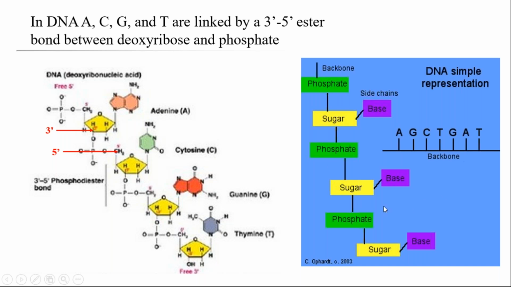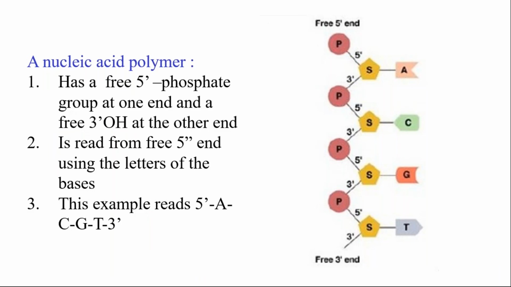A very simple representation of this shows the sugar backbone, and it is the bases which point out, and it is these bases of the 2 strands which will interact with each other with the hydrogen bonds that we just looked at. So this is how the DNA gets its double-stranded nature.